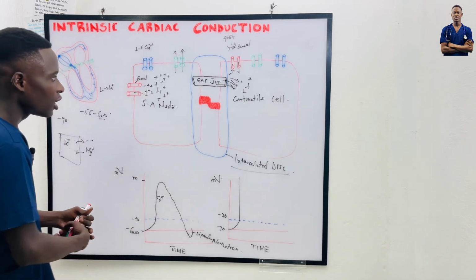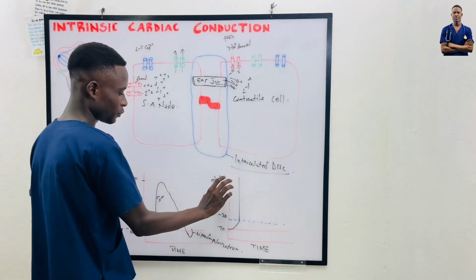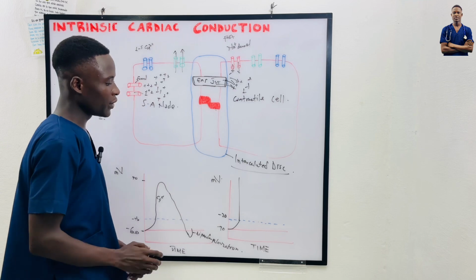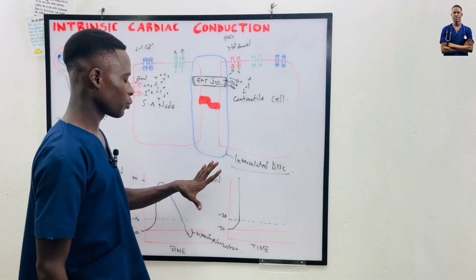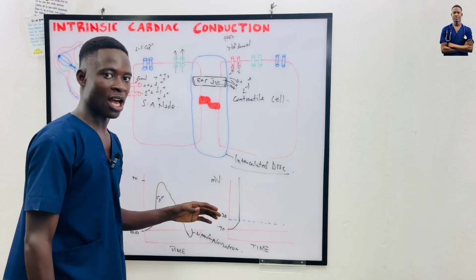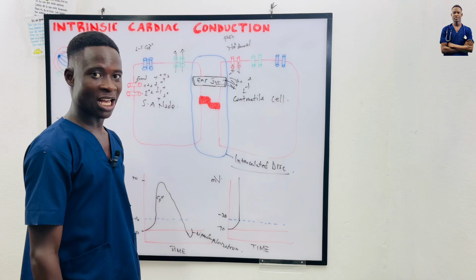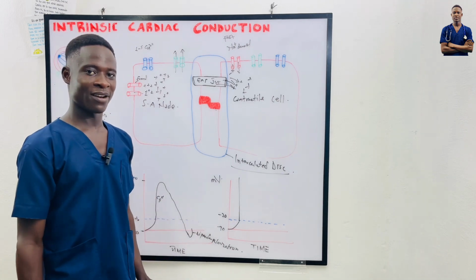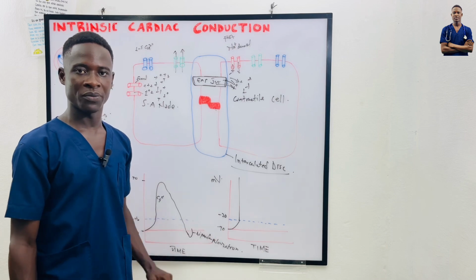Now, let's come to these cells. In this cell, when the sodium channel reaches about positive 30, thereabout, it closes. When it closes, we open what? The potassium channel to bring the cell back to the resting membrane potential.